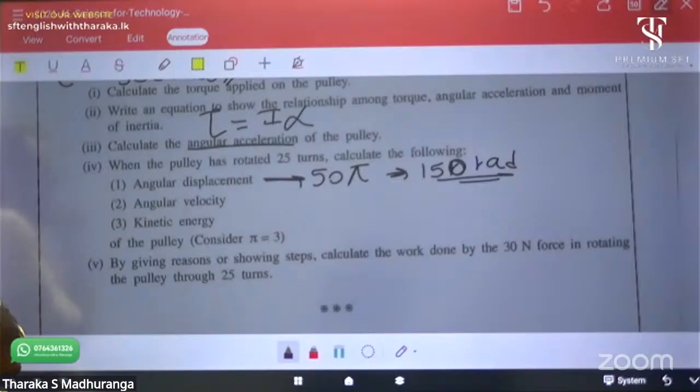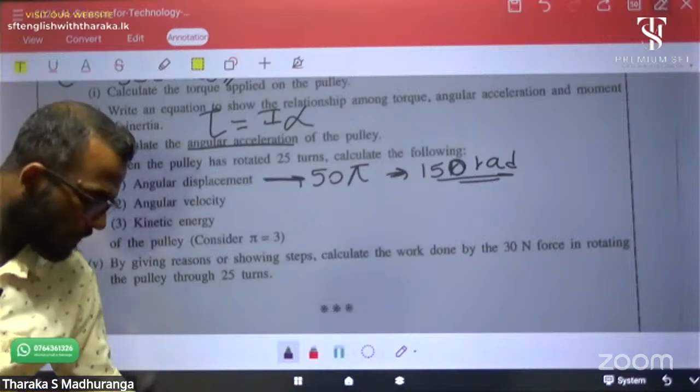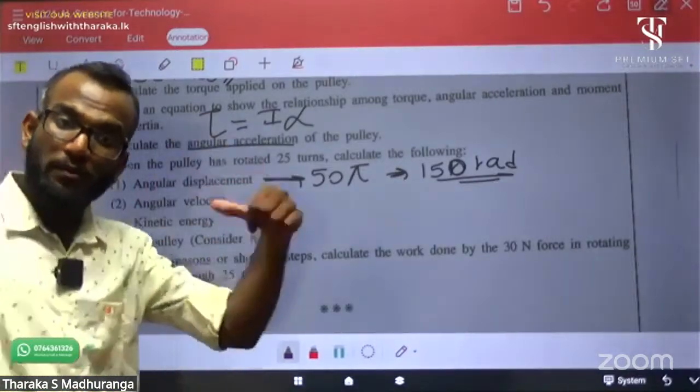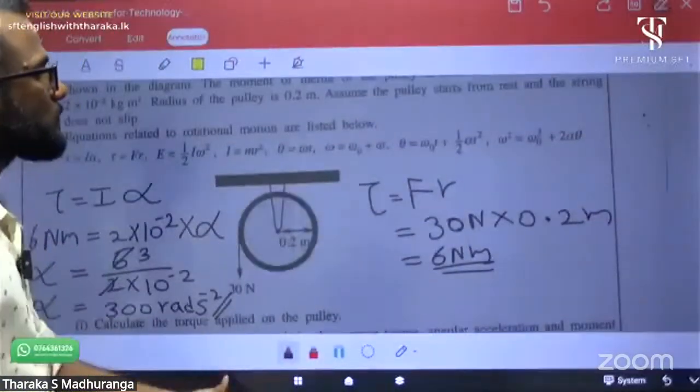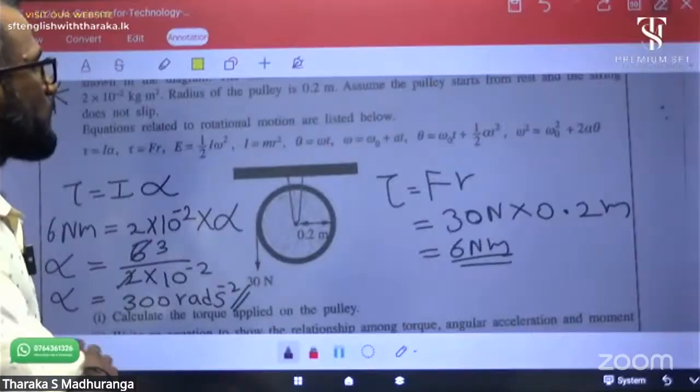Okay, try to get this. I can give you 1 minute. You can use the above equations.